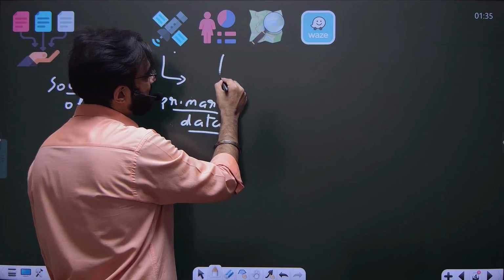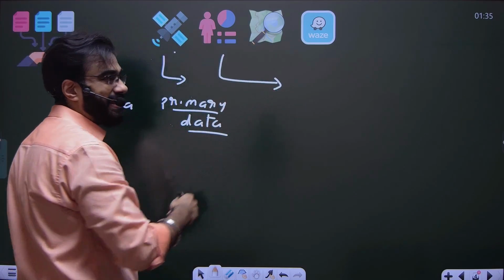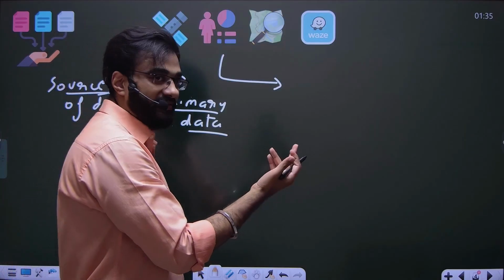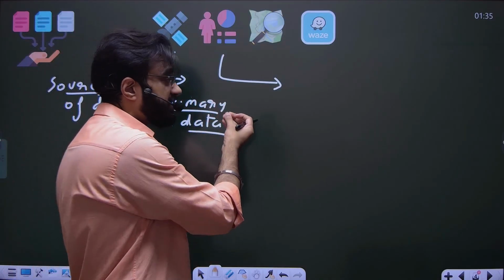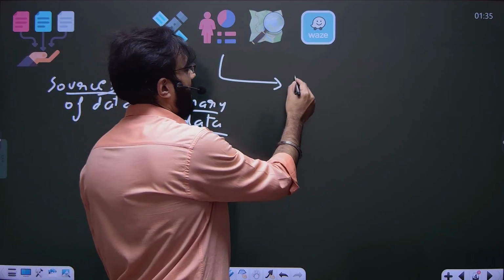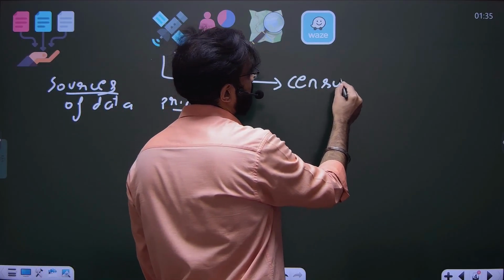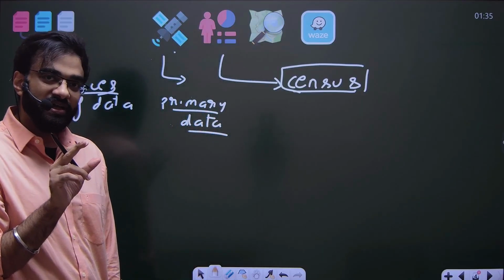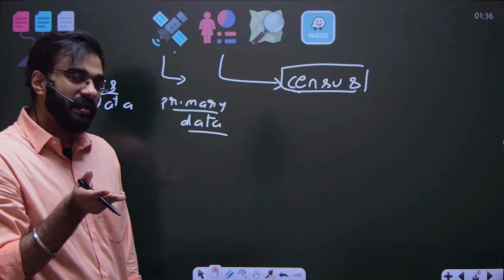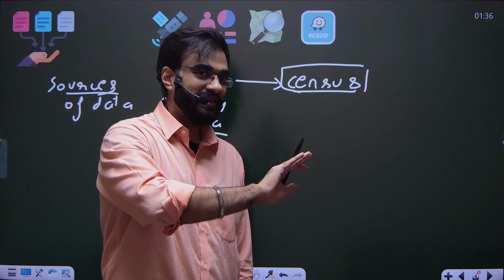Secondary data consists of cadastral maps, tables, the government data, the data existing on open platforms, and one of the prime examples is census. So census data has already been collected by the government.